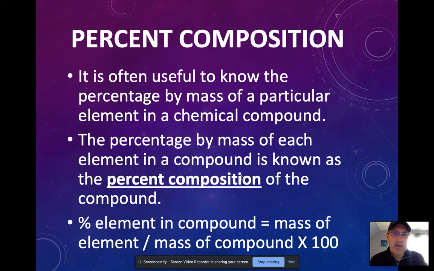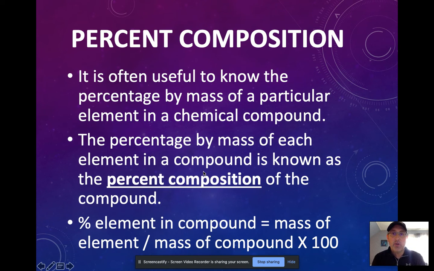The percent by mass of each element is known as the percent composition. How we determine that percentage is taking the mass of the element that's in the entire compound, dividing it by the mass of the compound, then multiplying by 100.